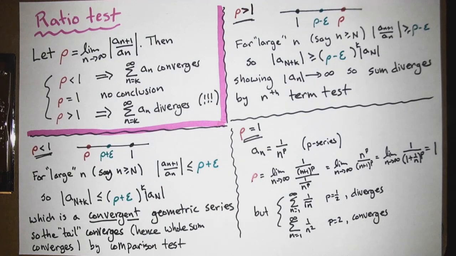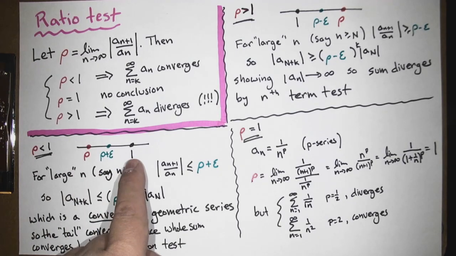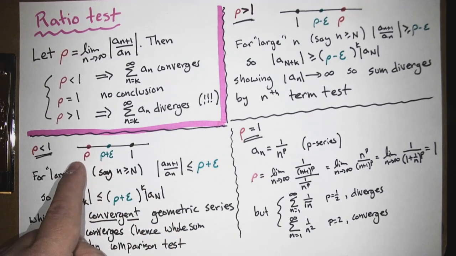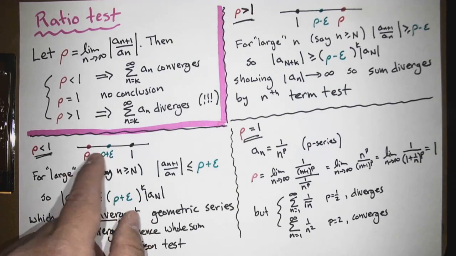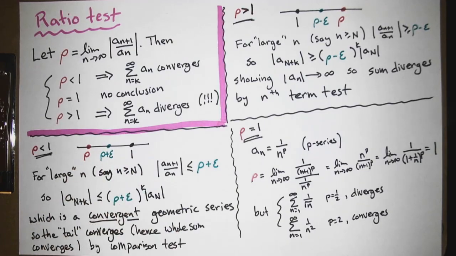So what's going on if we're less than 1? Well, if we're less than 1, here's 1. We're below 1. And what we can do is we can say, well, I can go somewhere in between rho and 1. There's this rho plus a little bit, epsilon. So I have some cushion. So I have some space, so I can squeeze a number in between.